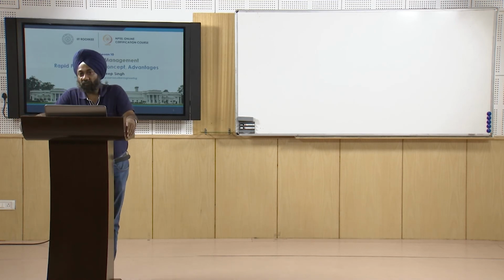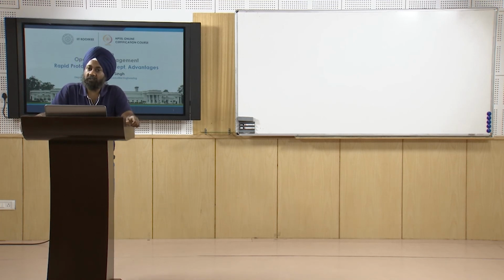In our next week we will start a discussion on a completely new topic, but just to summarize what we have covered till today, we have finished 2 weeks of discussion. Week 1 was on fundamentals of operations management. We have seen their objectives, scopes, functions as well as operation strategy.